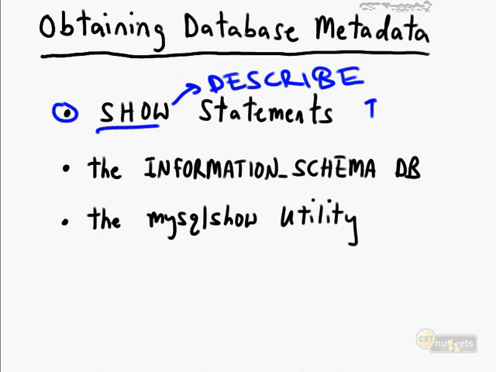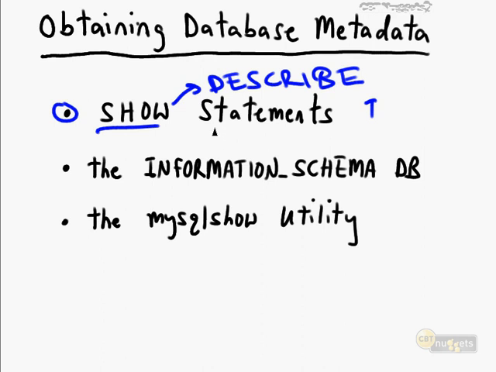But if you're looking to pull complex metadata or ask more serious questions of your database, stuff like show me all of the tables in this database that have more than 1,000 rows, or show me all the tables in all of my databases across the entire instance that have a certain number of rows, or have a primary key, or don't have a primary key.